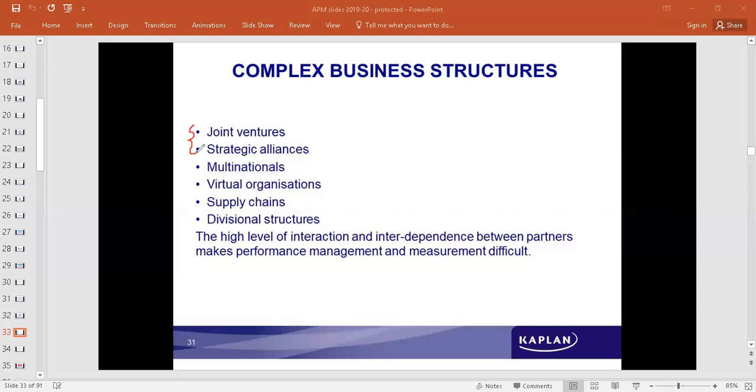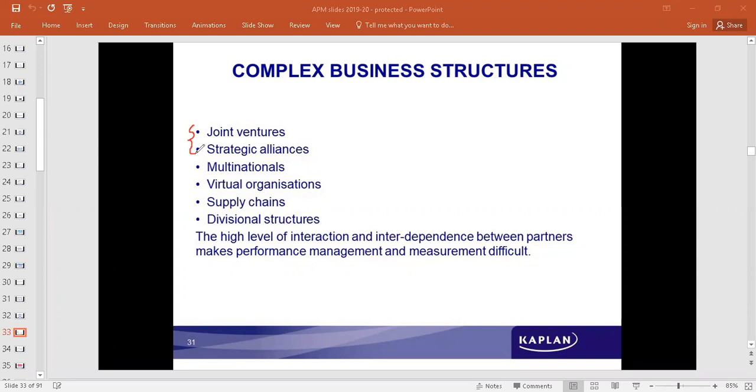Multinational is where the presence is there in multiple nations, so that's a multinational organization. Then a virtual organization is present as a network of multiple activities. There is no physical location which can be seen, but they are present as a network of different activities. That's a virtual organization. A supply chain is a sequence of activities connecting the supplier to the customer.